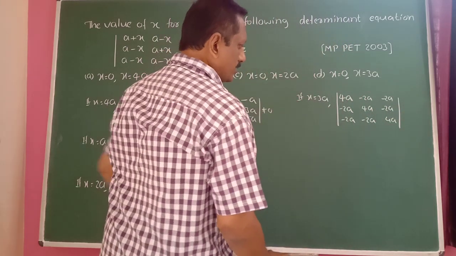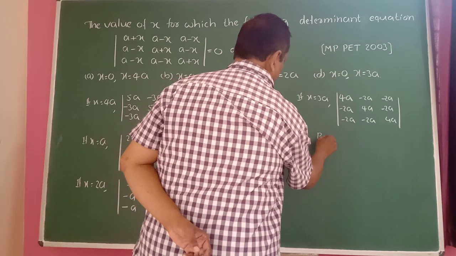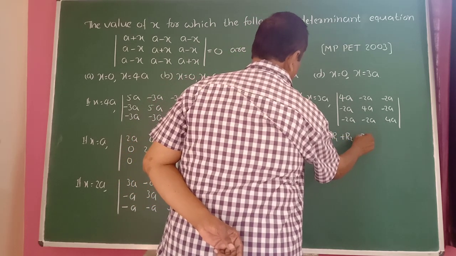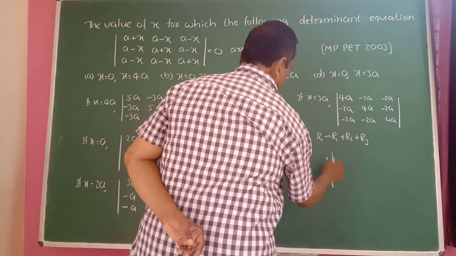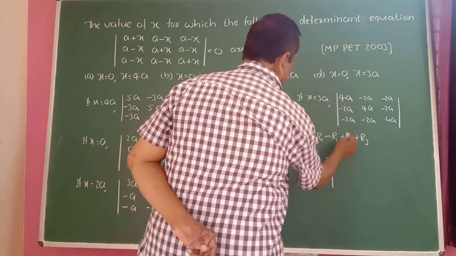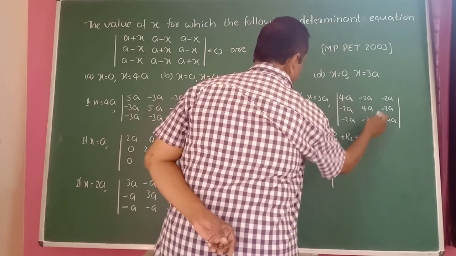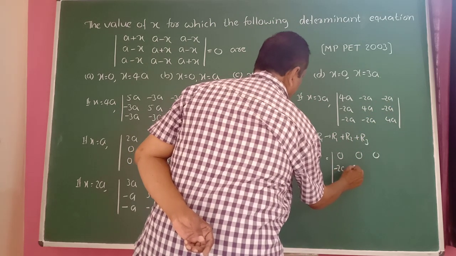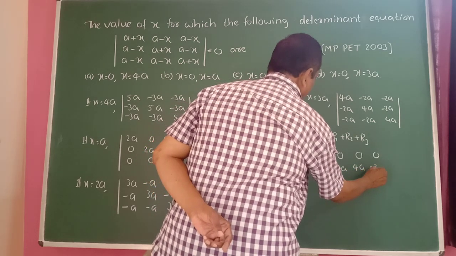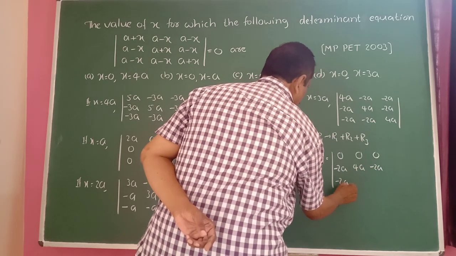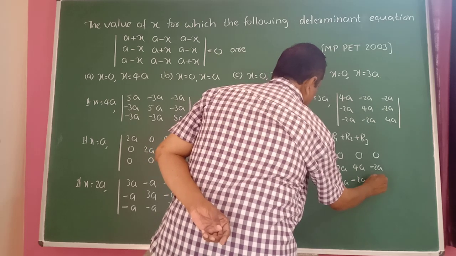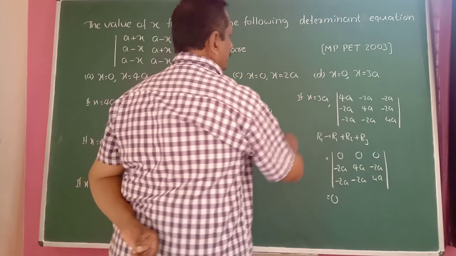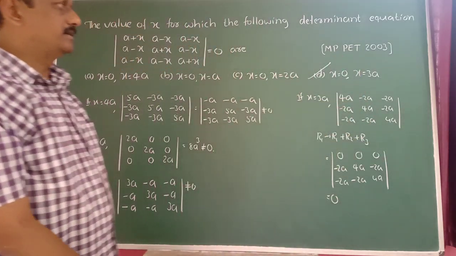So adding the rows here, R1 becomes R1 plus R2 plus R3. The sum of these three terms becomes 0. Hence obviously the value of this determinant is 0 here. Therefore, the fourth option is correct.